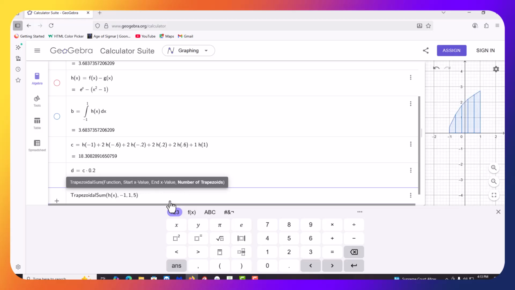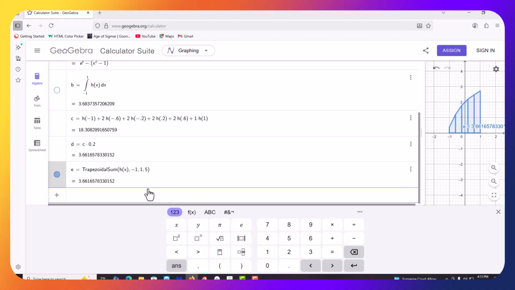Okay, 5 trapezoids. And now check your answer. And do you notice it's the same as what we just had?